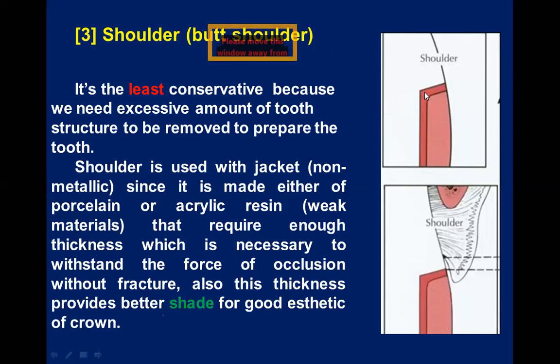Butt joint means a sharp angled shoulder, and this butt joint is created by removing an excessive amount of the tooth structure.